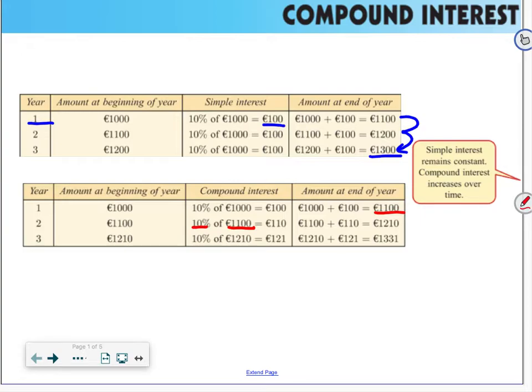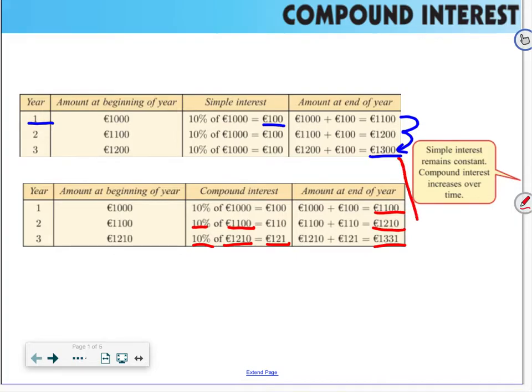So 10% of that is going to be 110, and adding that to our account, we get 1,210, and then 10% of 1,210 gives us $121 of interest. Adding that, we see how much money we would have in the third year.